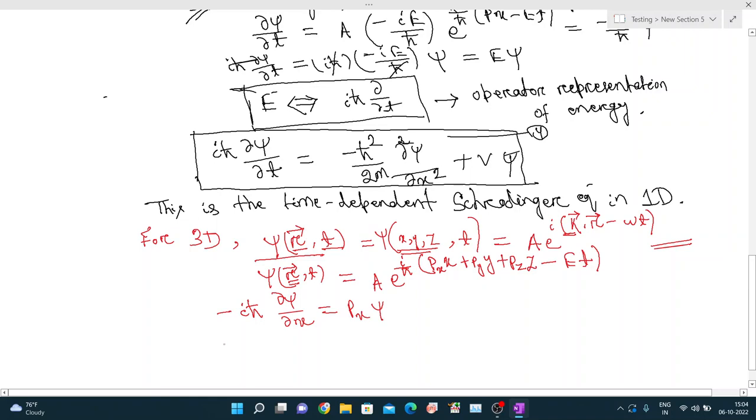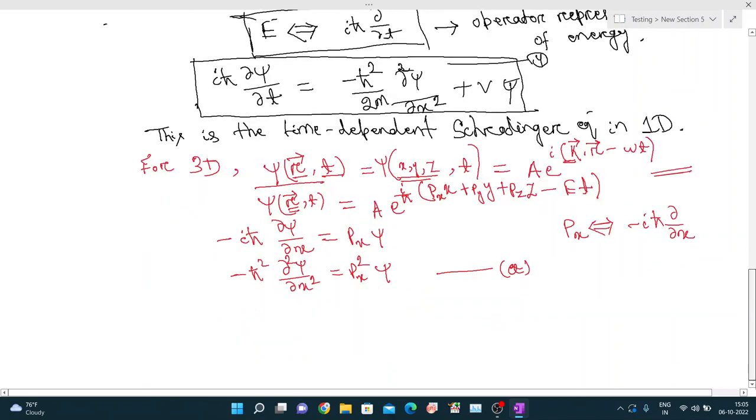Again differentiating with respect to x and multiplying with minus i h cross, the answer is minus h cross square del square psi by del x square is equal to px square into psi. Suppose this is equation number A. For px the operator is minus i h cross del over del x.